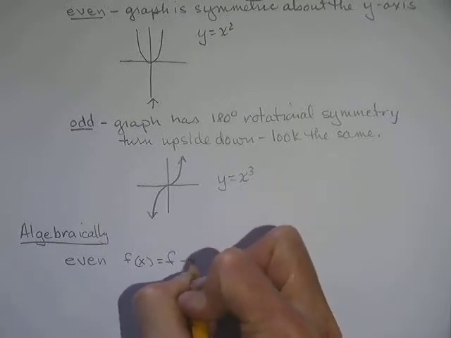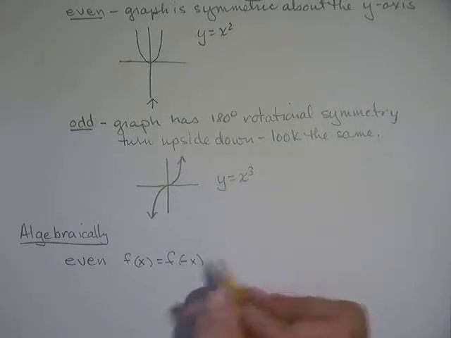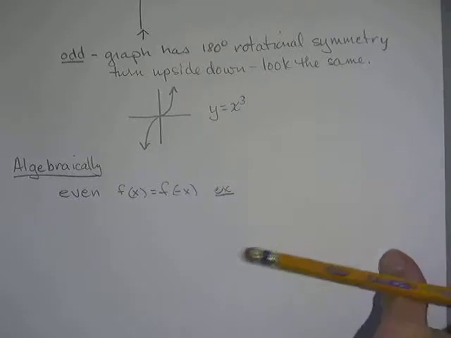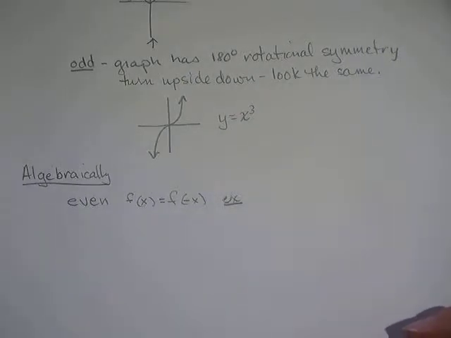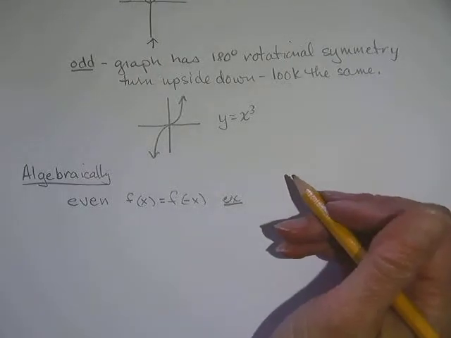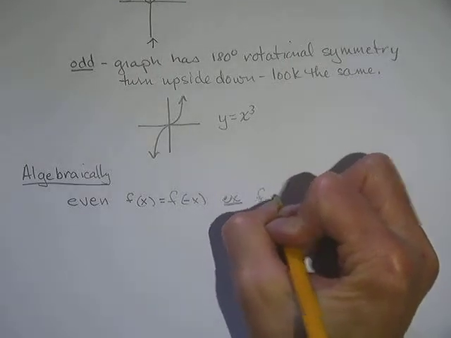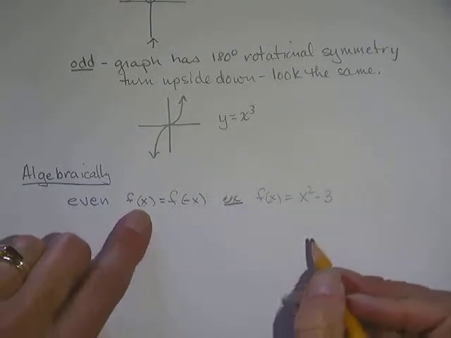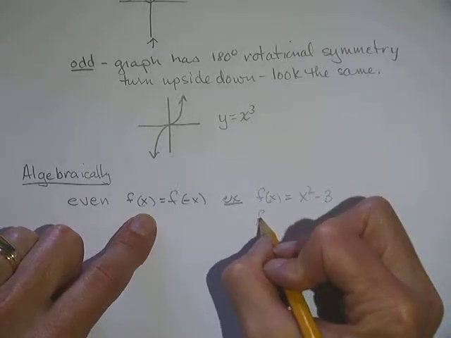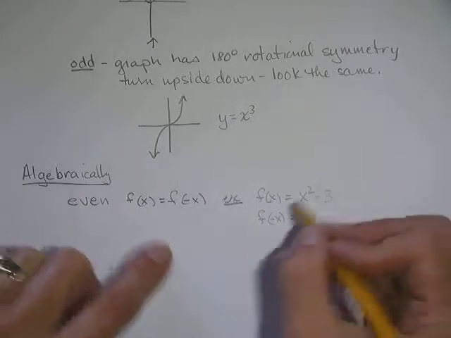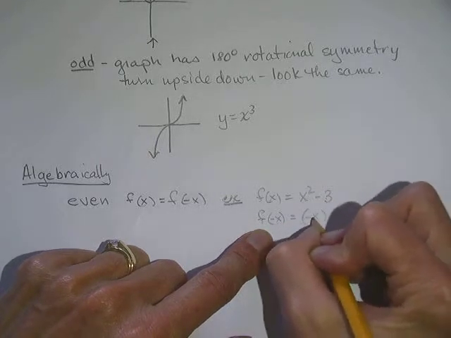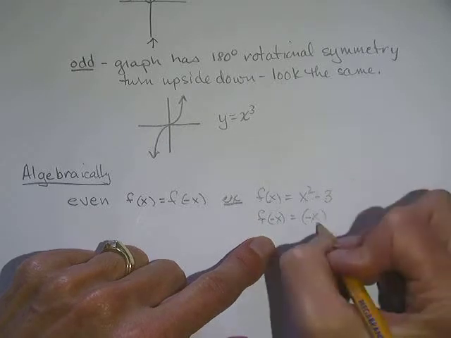All right. So how are we going to do that? Well, the first thing that you would want to do is we need some rules. For even functions, if f of x equals f of negative x, then it is said to be even. For example, let's have an example on this so that we can understand. Let's try f of x equals x squared minus 3.